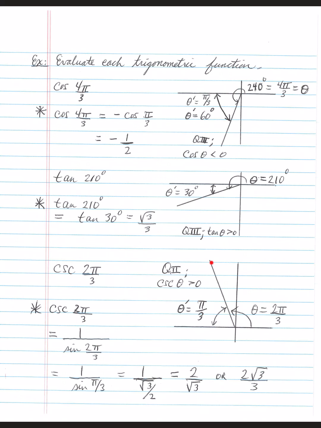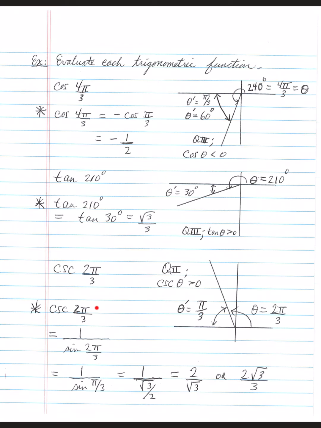Specifically quadrant 2, 2 pi over 3 means that we have a 1 pi over 3 left to go to make a straight angle. That's our reference angle. Pi minus 2 pi over 3 is pi over 3. Since sine is positive in quad 2, cosecant, which is its reciprocal, is positive.